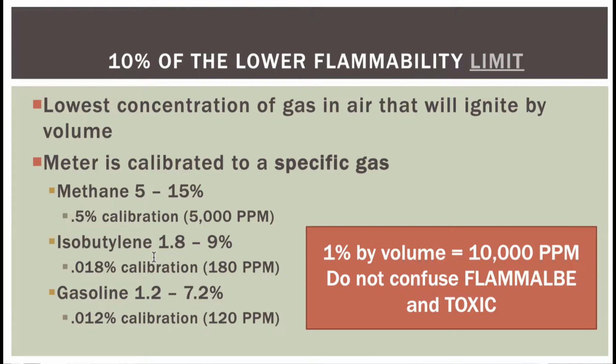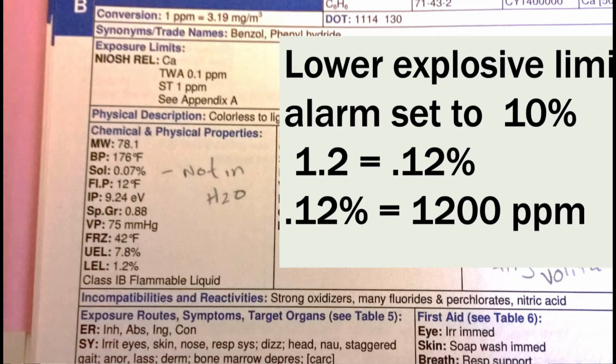We may calibrate it to isobutylene at 180 parts per million, or gasoline to 120 parts per million. So we're calibrating it to 10% of the lower limit of a very specific gas. And our meter is a dumb meter, and it's only going to read what we calibrate it to. Please, again, remember, don't confuse toxicity with lower explosive limit.